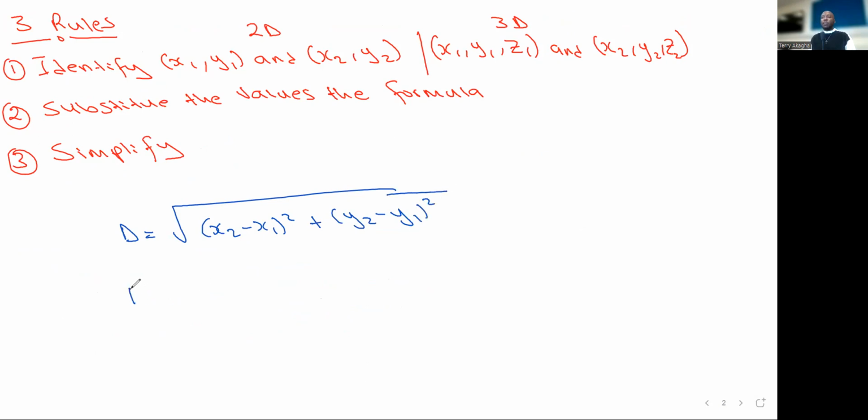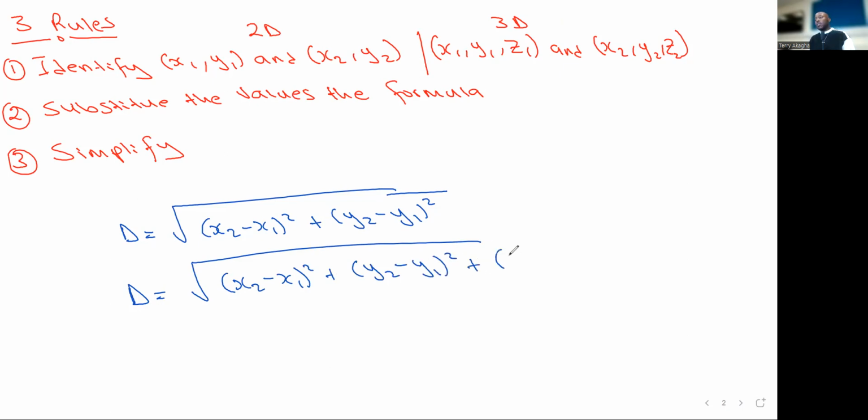But if it's a 3-dimension, it's going to be the square root of x2 minus x1 squared plus y2 minus y1 squared plus z2 minus what? z1 all what? Squared. All right, and that will be that for that. So now we found the distance between 2 points.